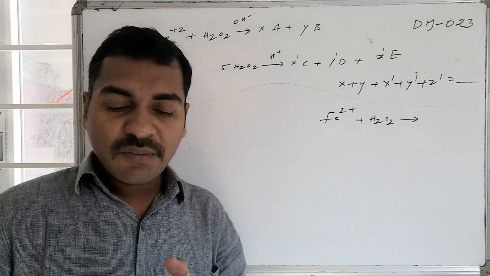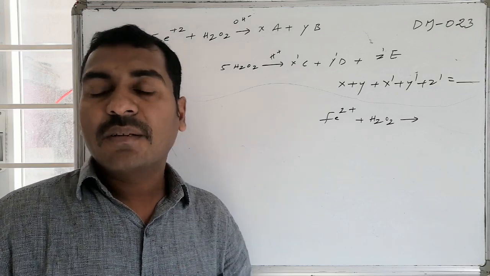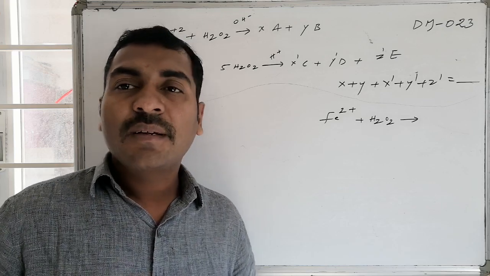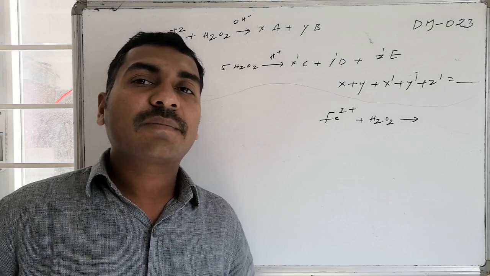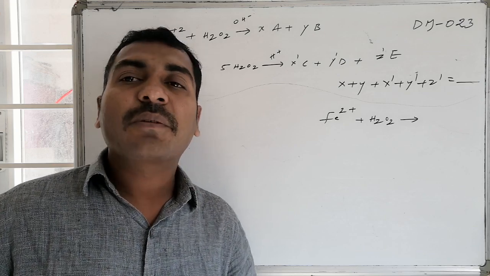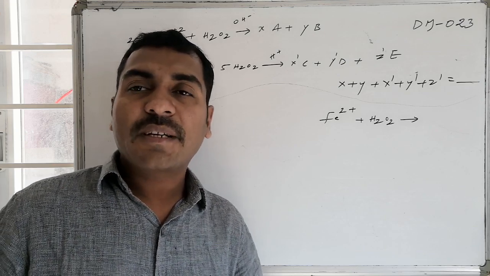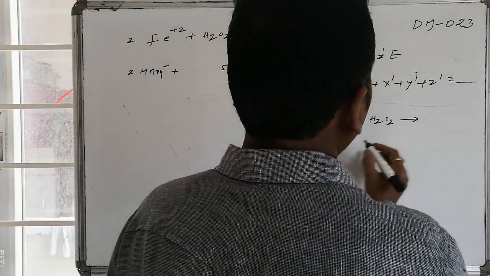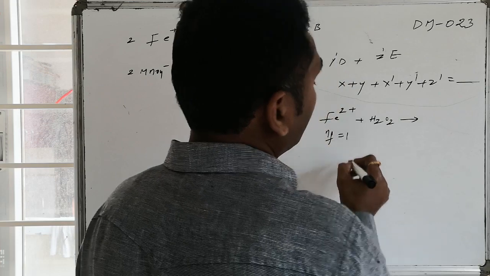If Fe3+ is your material, it can be converted only to Fe2+. So if this undergoes oxidation, its n-factor will be equal to 1.